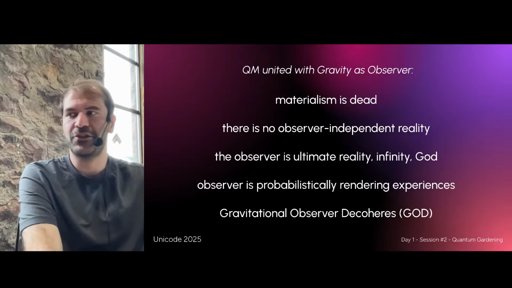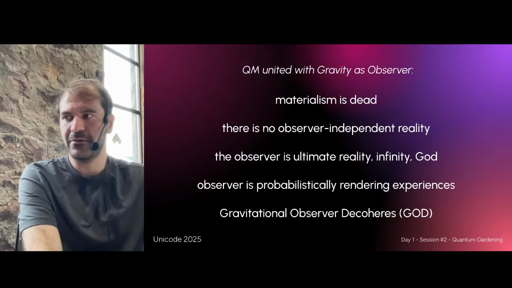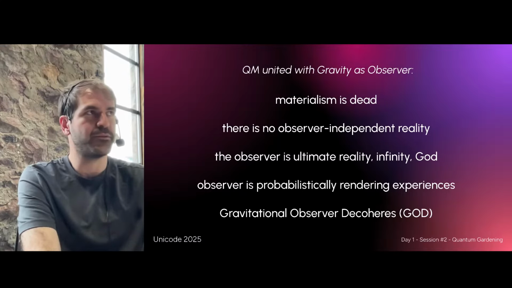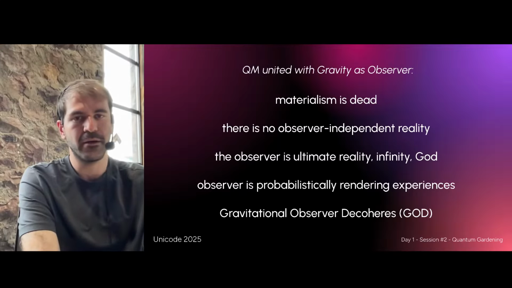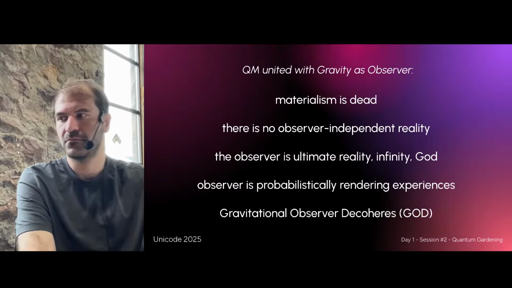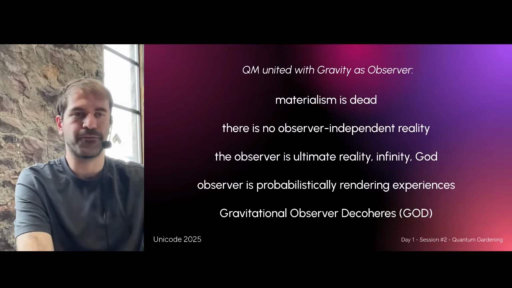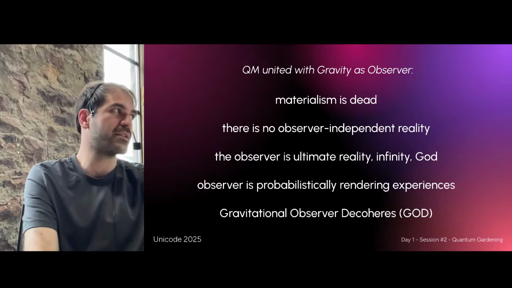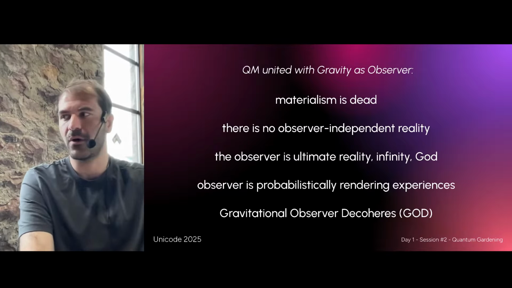A gravitational observer as an entangled singularity is decohering a superposition into a single rendered reality. That's your framing and your ability to reconcile consciousness with general relativity and quantum mechanics.